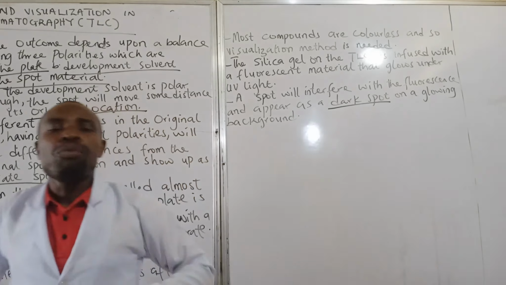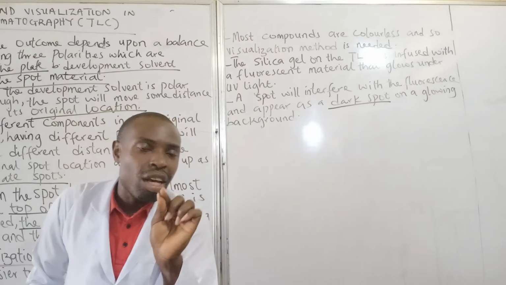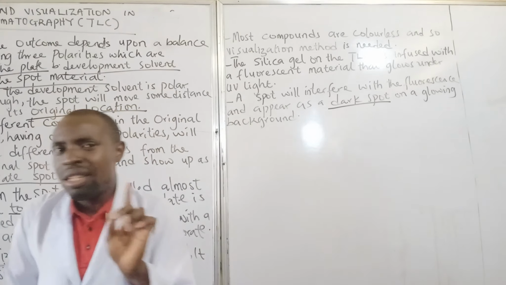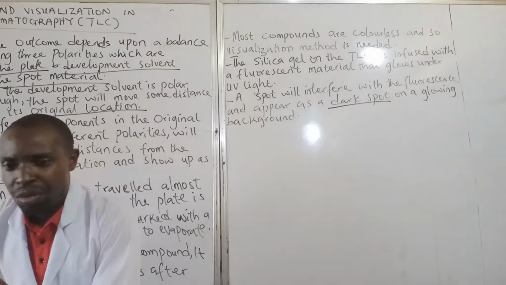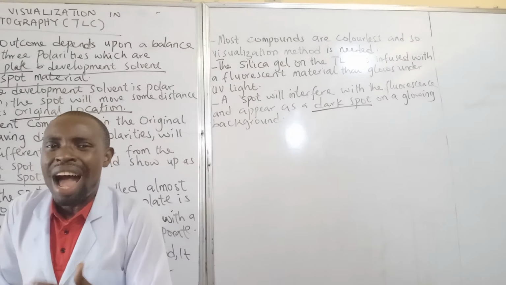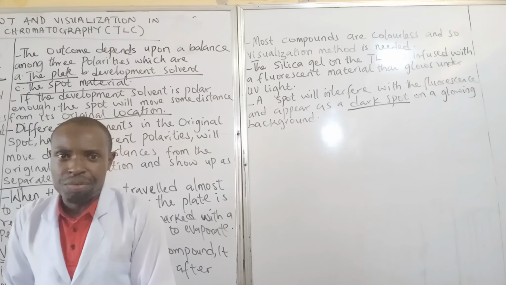a dark spot. Now, under this visualization step, it is proper for us to not make use of only one method, rather two or three methods are used to be able to detect all the spots.